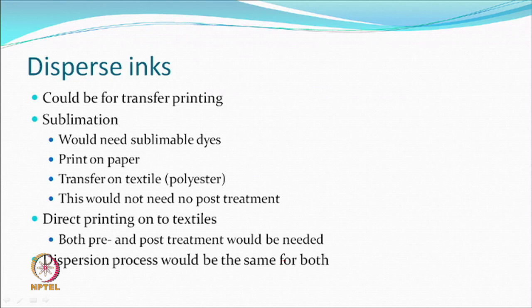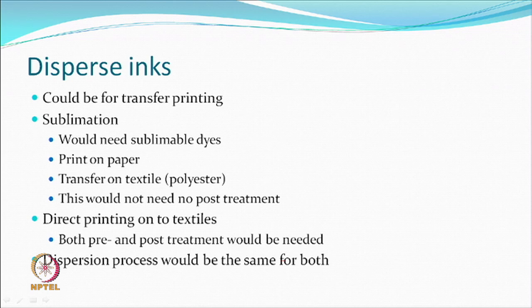So, you have inks for transfer printing, digitally it can be printed. They will have the sublimation type of dyes and print on paper, transfer on textiles. When we talked about transfer printing earlier, the printing could be done with sublimable dyes by any method, roller, rotary or anything else. But now inkjet is becoming as popular for this purpose as well.